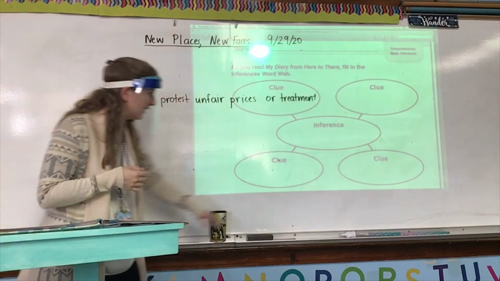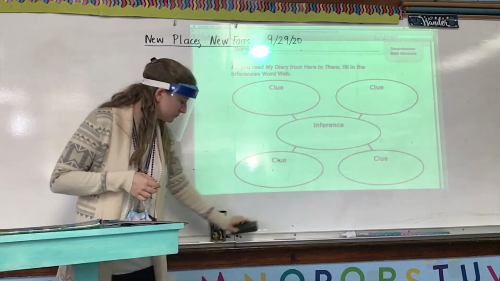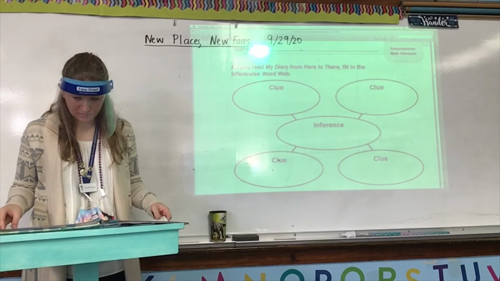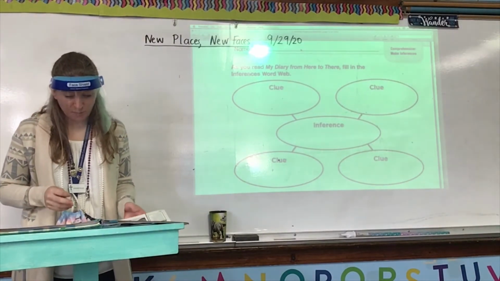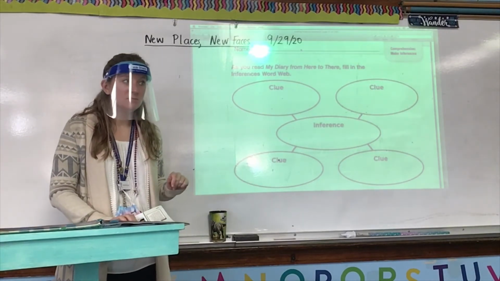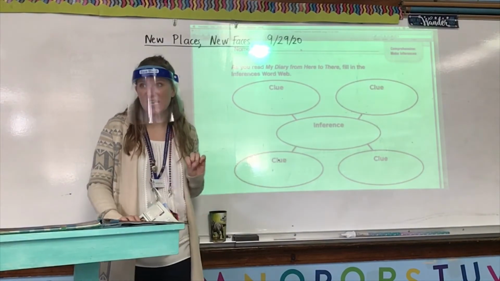So we're going to fill out this inference chart as we go. So what we do is we're going to come up with the clues as we read. Once we come up with all the clues, then we're going to make an inference based on that.